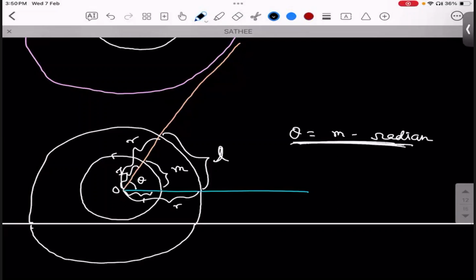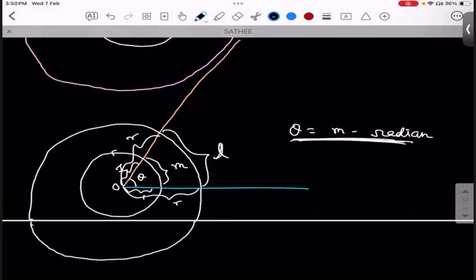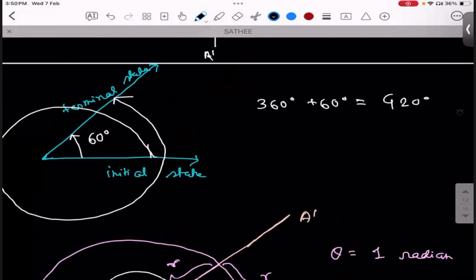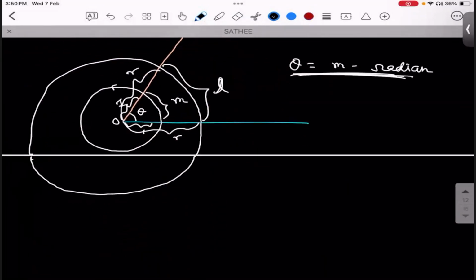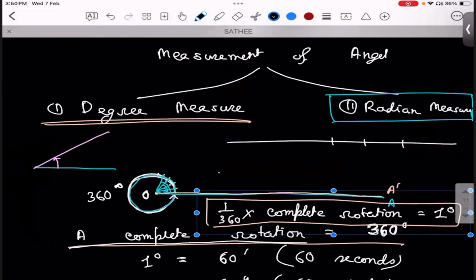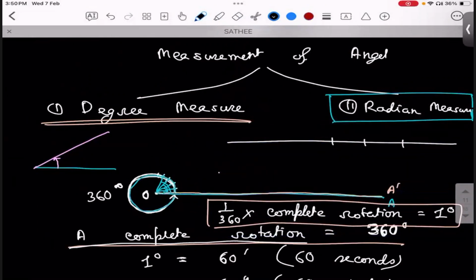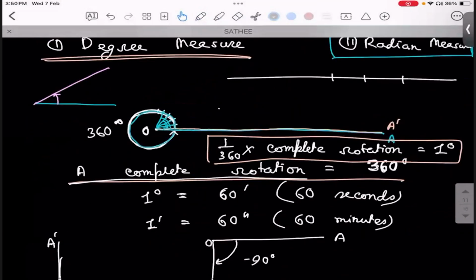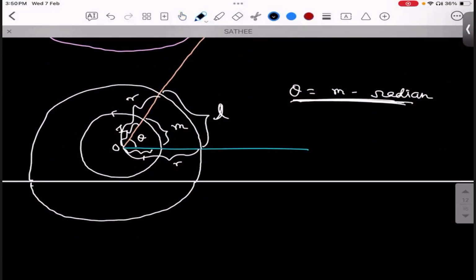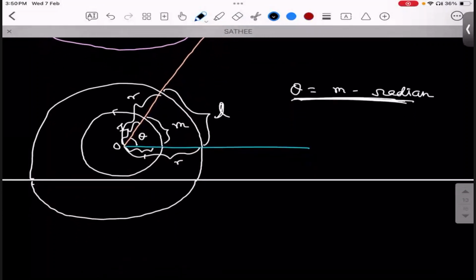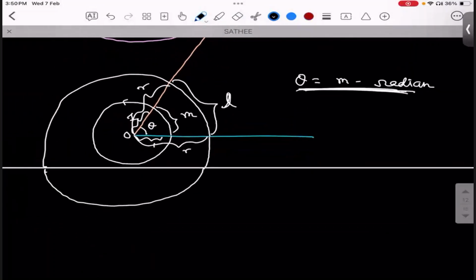So clearly from what we have discussed for the unit circle, we can write here that m equals L by R. Depending on that, we can write this.